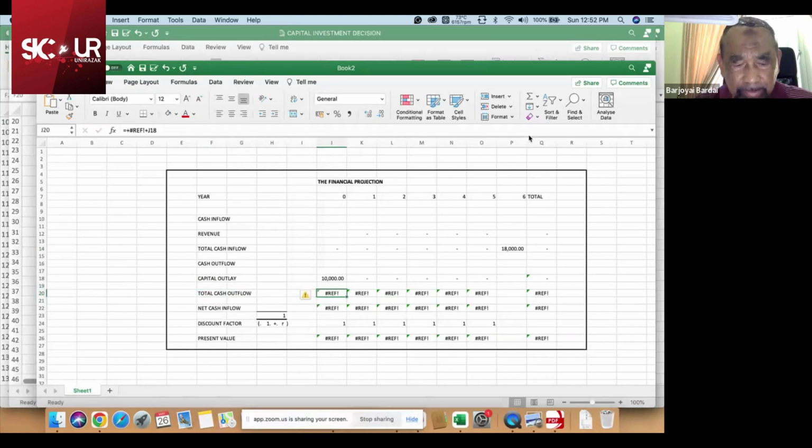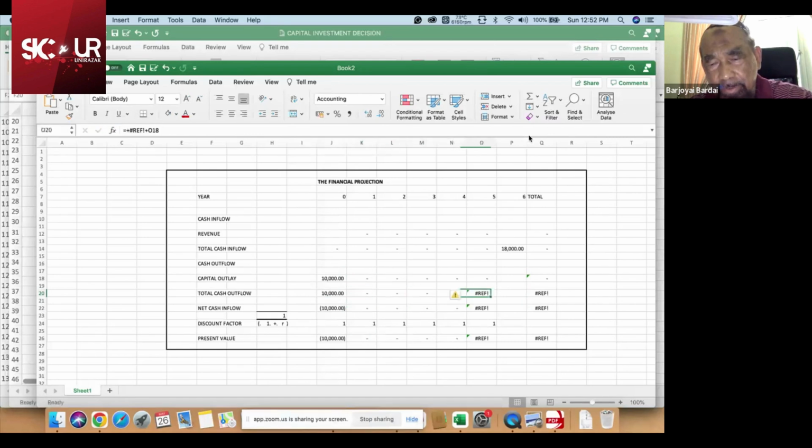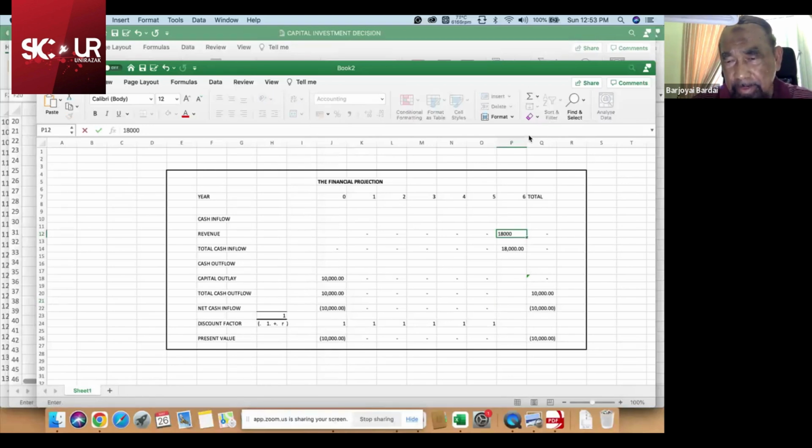Total cash flow, this is 0, and net cash flow, this is 15, this is 10,000.